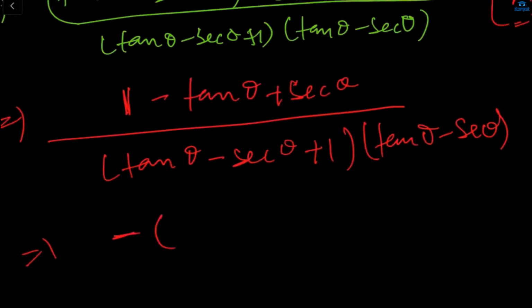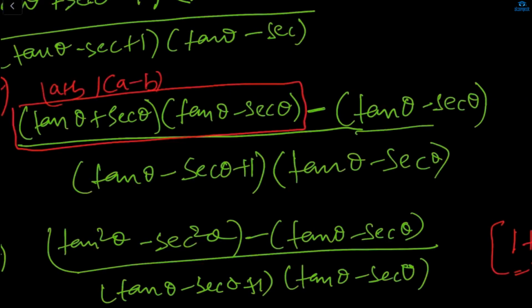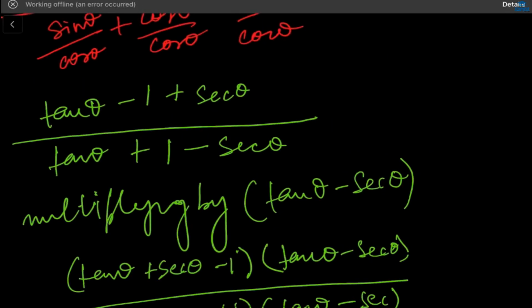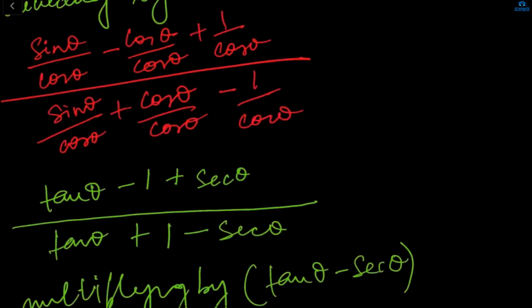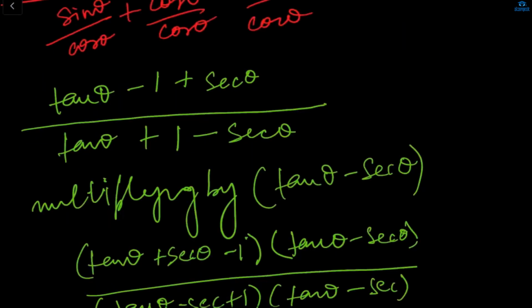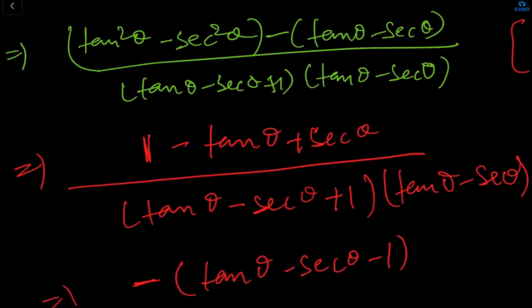You will get tan theta minus sec theta minus 1. Wait, something wrong is there. Anywhere I have written something wrong? Plus 1 in the numerator is plus 1 only, no? It should get cancelled. Oh, it is minus. No, it is plus 1 only, no? Plus 1 plus 1. So it should get cancelled.